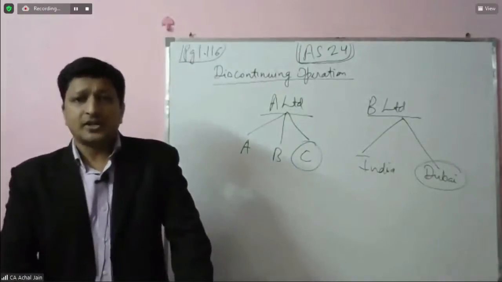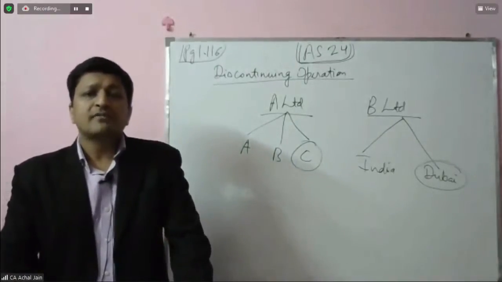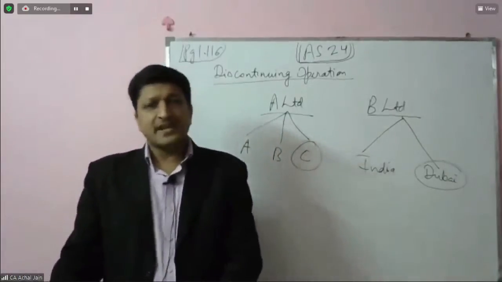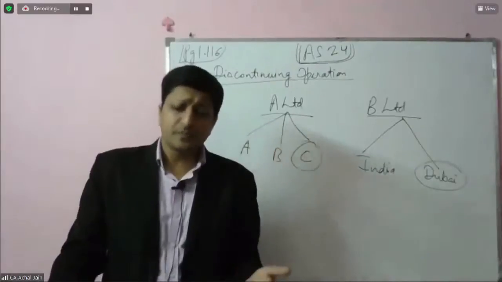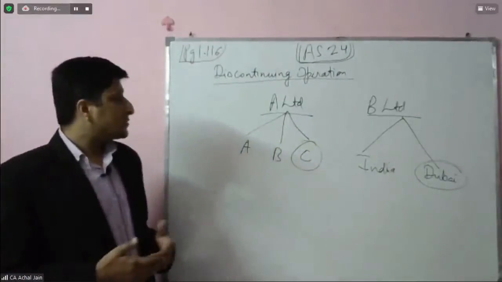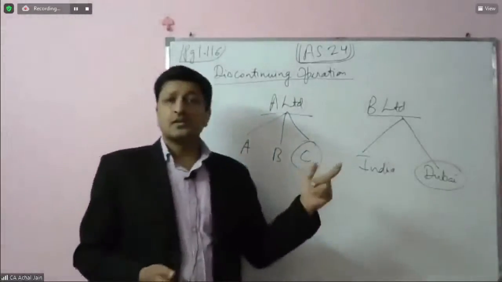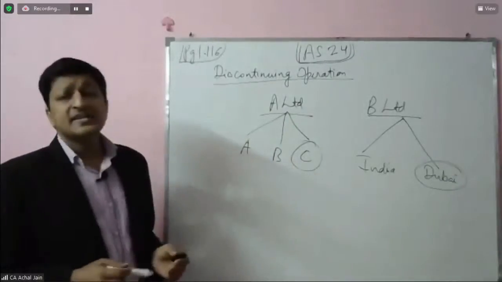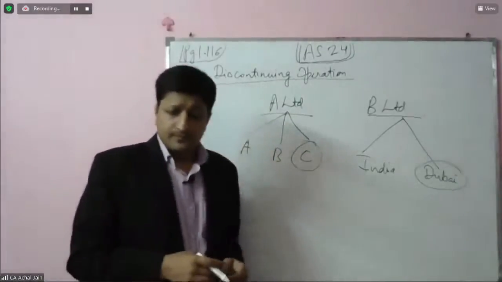And that operation should be the one which can be distinguished operationally as well as for financial reporting purposes. Distinguished means it should be possible for the management to identify assets related to each and every operation, liabilities related to each and every operation.